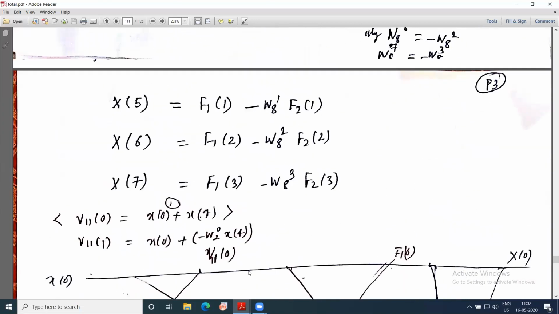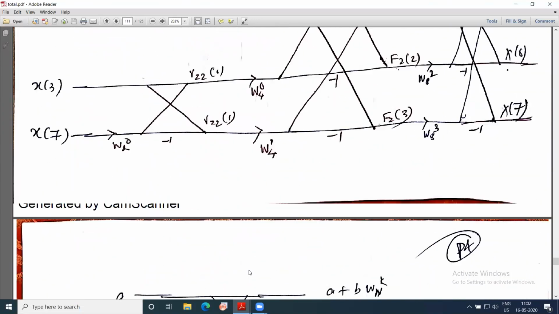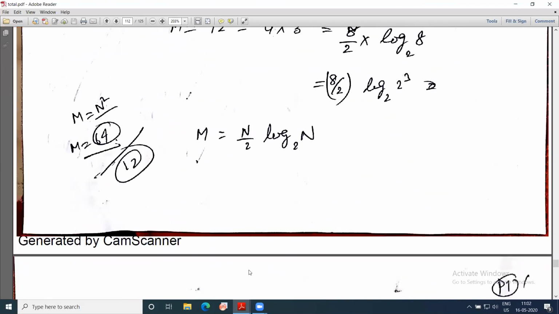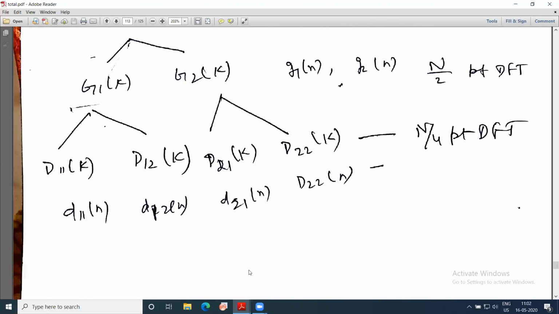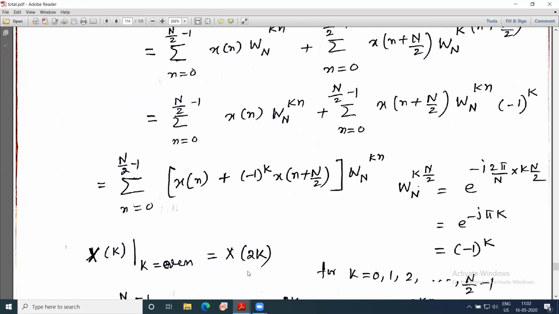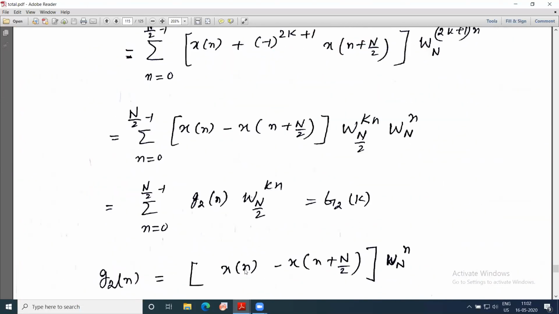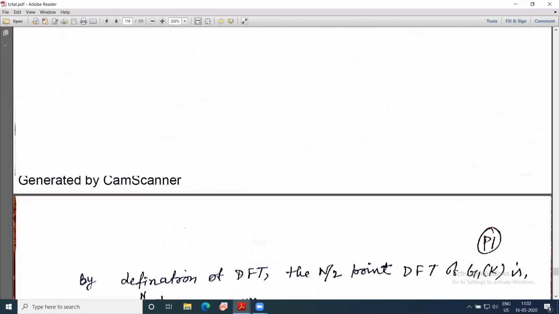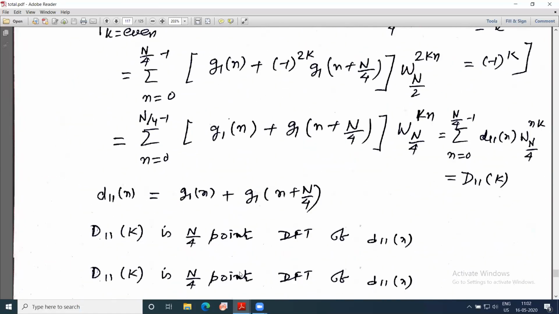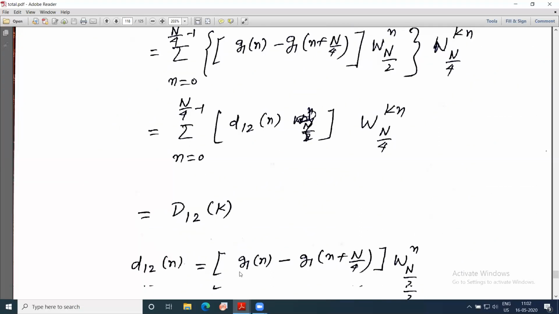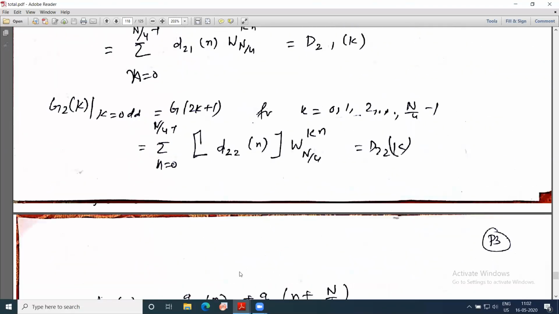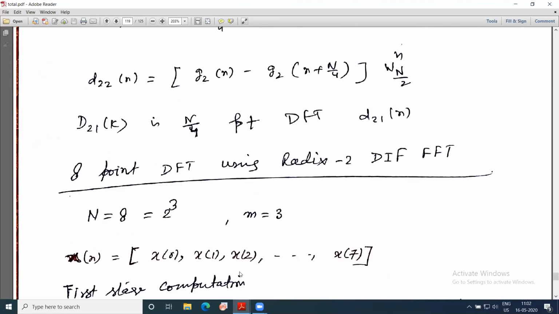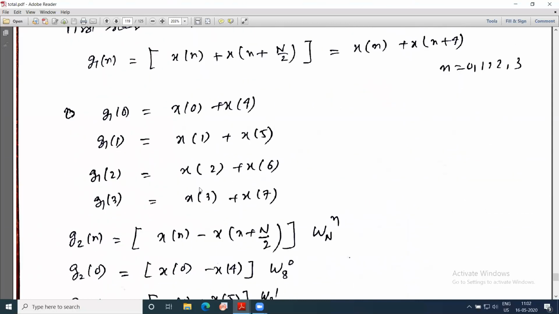In case of DIF-FFT, if you look at this expression, in DIF-FFT, if you look at where I have summarized all this expression, then previous G1, G2, there is no multiplication because they are the simple addition, right?